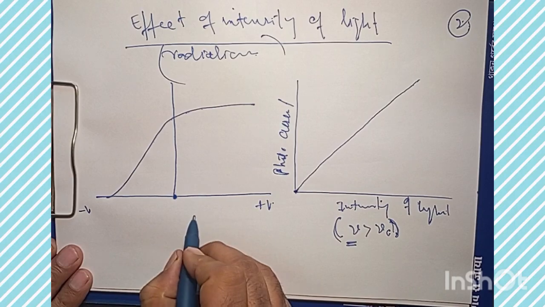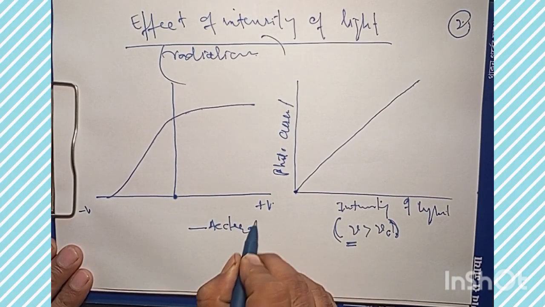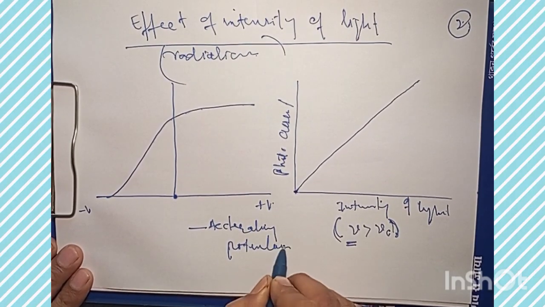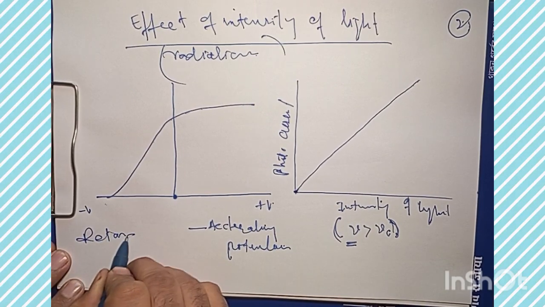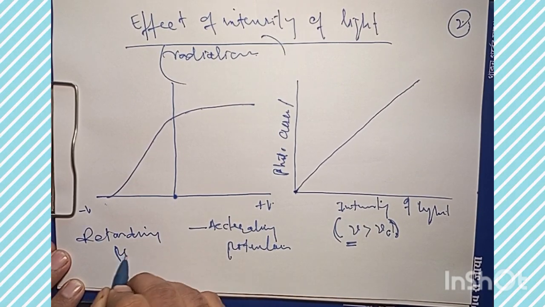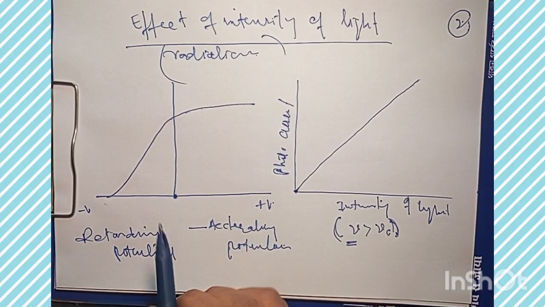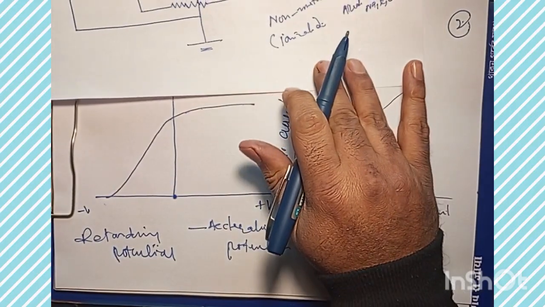Now, this positive potential you can call the accelerating potential, and this negative potential is basically the retarding potential. So we observe this kind of behavior.